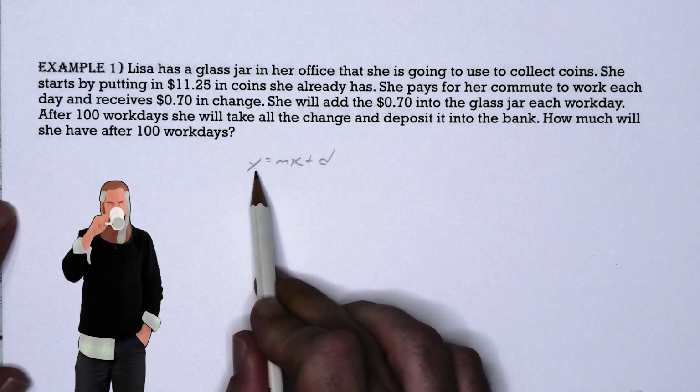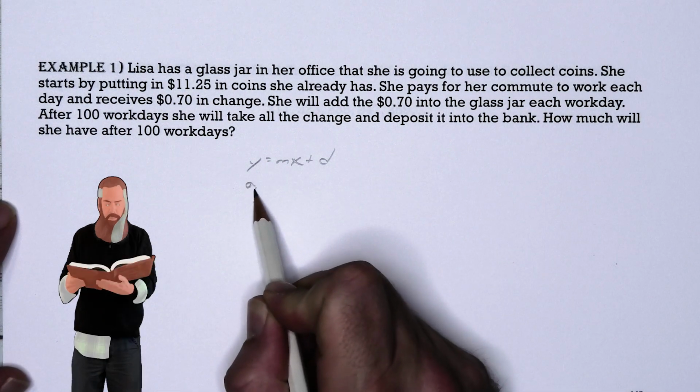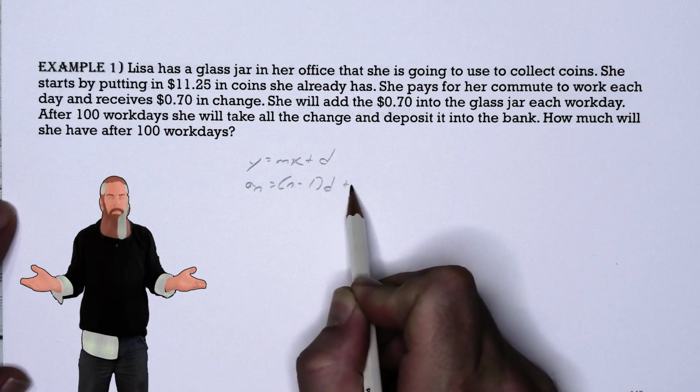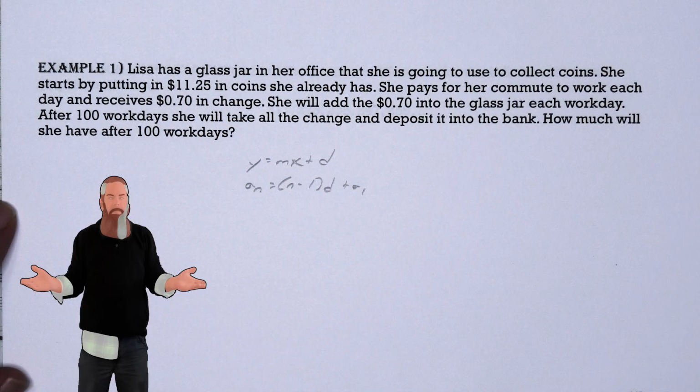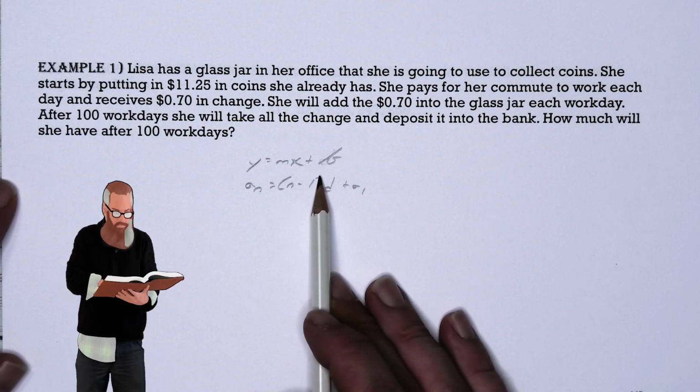So we start with this idea of y equals mx plus b. Now remember, a sub n is equal to n minus 1 times d plus a sub 1. This is similar to the y equals mx plus b formula we're so used to.